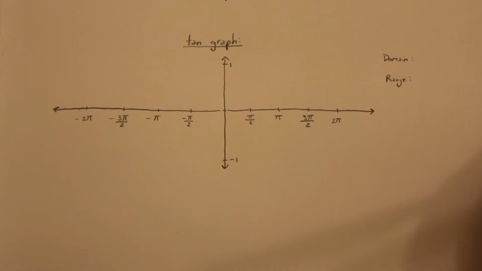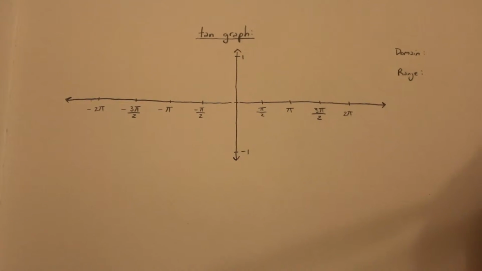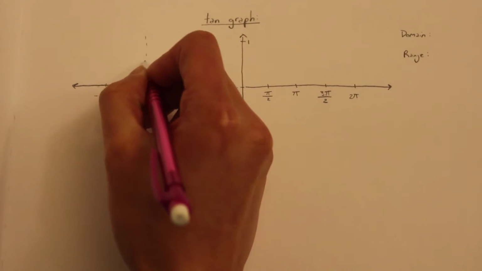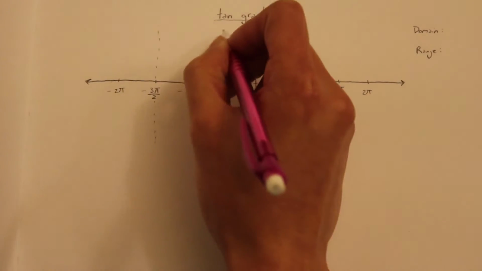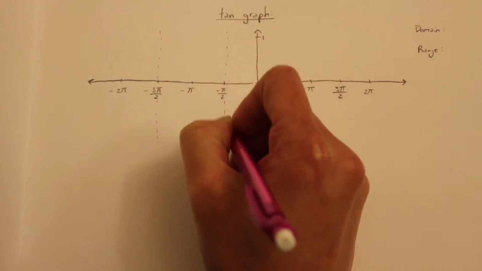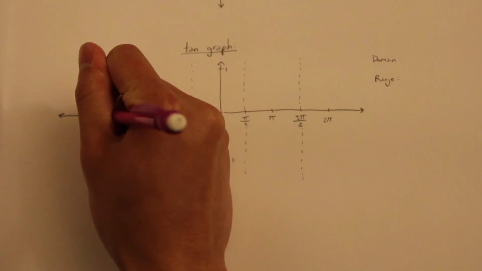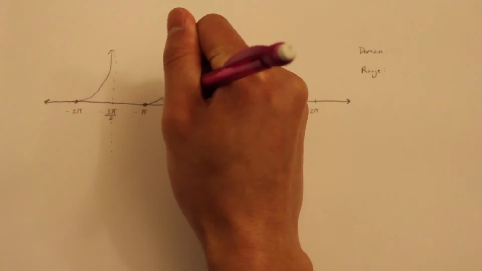The tan graph is a little tricky because there are asymptotes at every interval of n pi plus pi over 2. So there's one here that I'll draw in. I'll draw in the other ones too. Now he'll draw the tan graph.